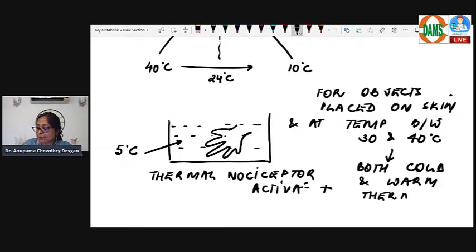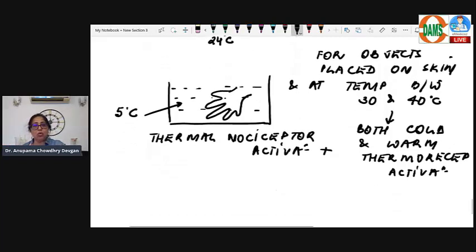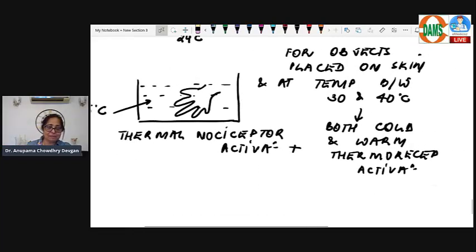There is an overlap, isn't it? Both cold and warm thermoreceptor activation will be present for objects placed on the skin at temperatures between 30 and 40 degrees Celsius.